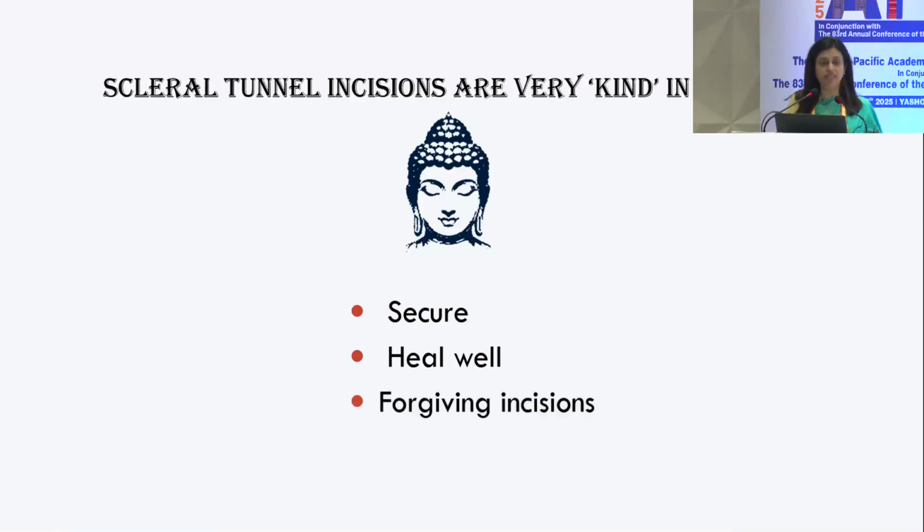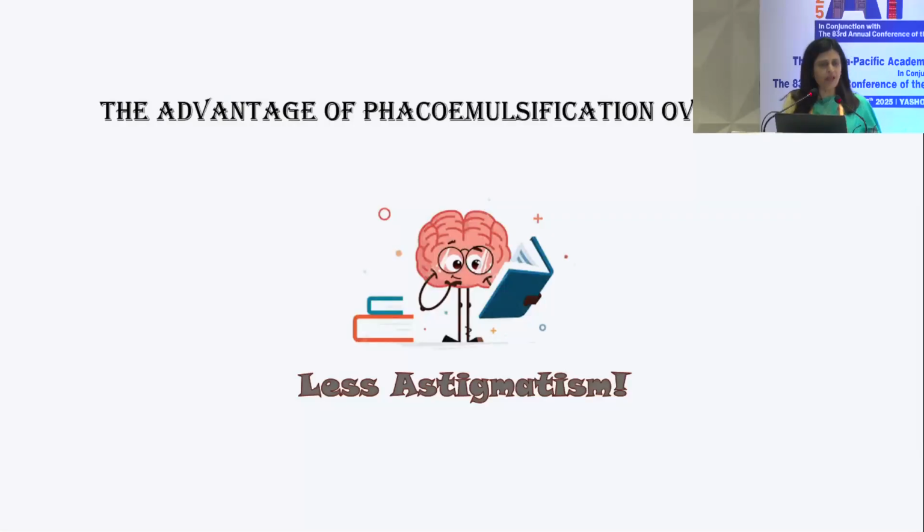So definitely scleral wound modulation has an important role to play in managing astigmatism. Now the present literature tells us the advantage of phaco over CICS is that it induces less astigmatism, but there is no available data on how scleral wound modulation has a good impact on astigmatic management.